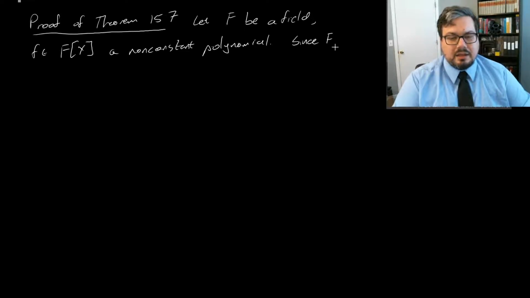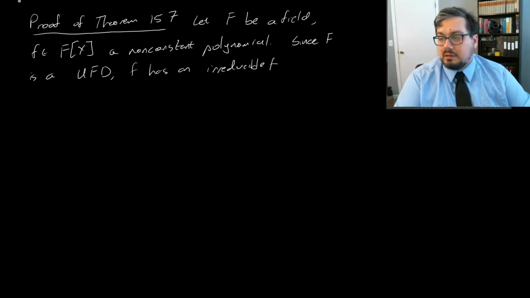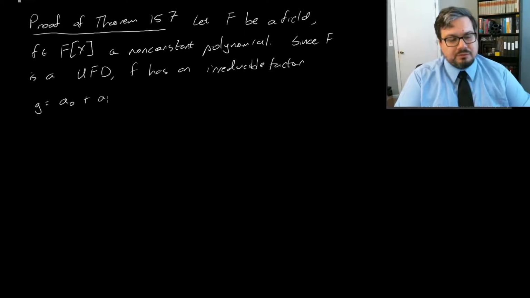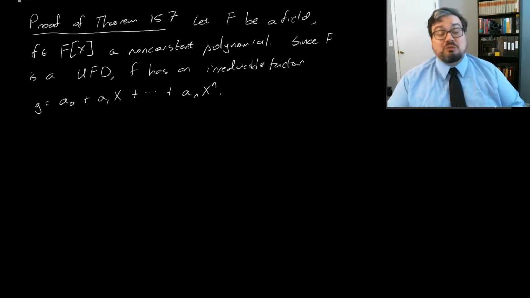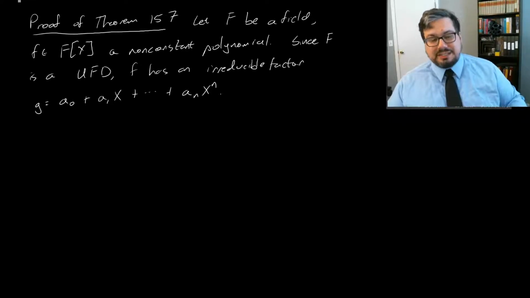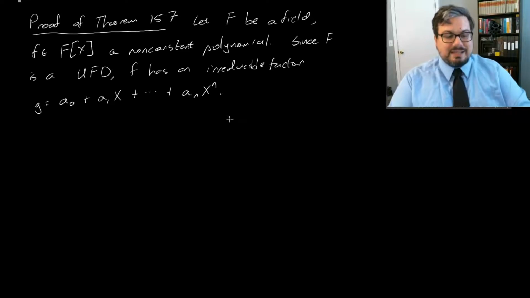Now, since F adjoin x is a unique factorization domain, f has an irreducible factor g, which we'll write as a0 plus a1x plus etc., plus an x to the n. What we're really going to show is that g has a root in an extension field of F. And then since g is a factor of f, that means f will have that same root in an extension field.